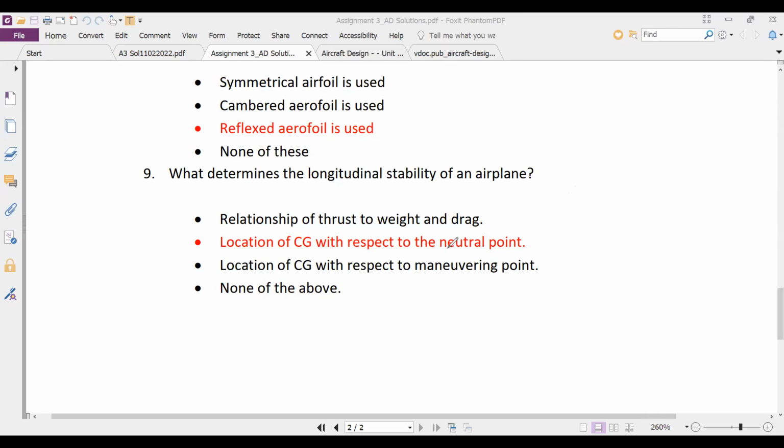So it has a neutral point. Anyone wants to answer what the neutral point is? Stability increases with the increase in this distance. Ron is saying, okay.